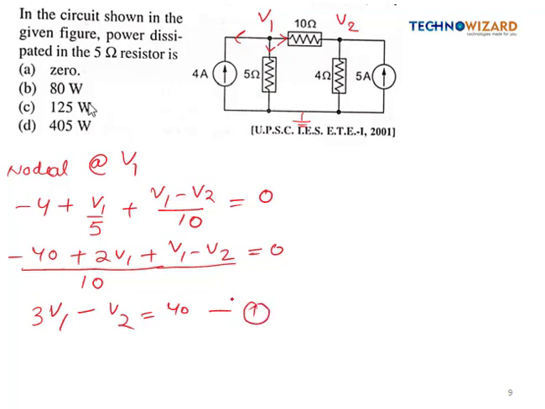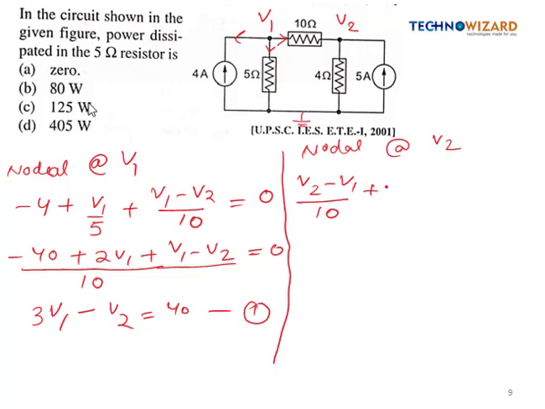So this is equation 1. Now applying the nodal at the second node, right? So now applying the nodal at V2, this will be (V2 minus V1) by 10 plus V2 by 4 minus 5 is equal to 0. Minus 5 because we have to consider the current in the outward direction, so they are in opposite direction.